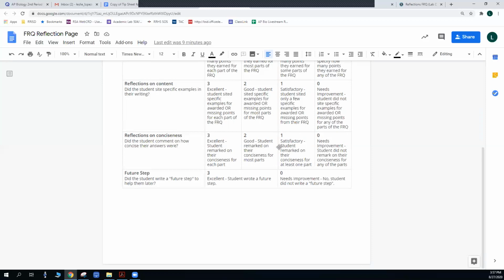All right, and the last part is called the future step. So it's either a 3 or a 0. You'll either get all the points or no points.